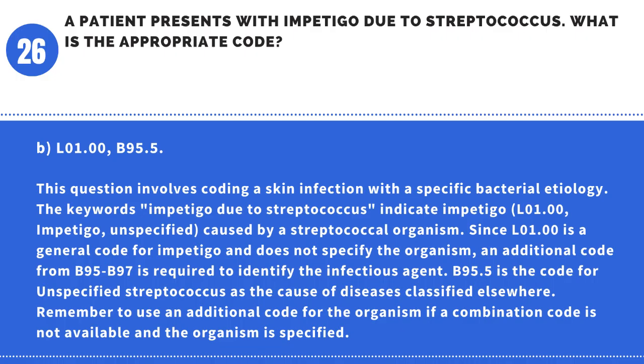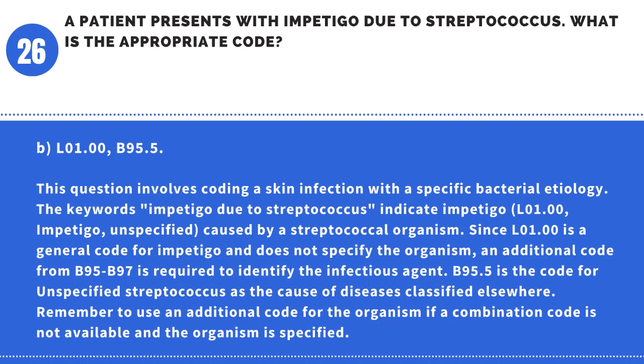L01.00, B95.5. This question involves coding a skin infection with a specific bacterial etiology. The keywords impetigo due to streptococcus indicate impetigo, L01.00, impetigo unspecified, caused by a streptococcal organism.